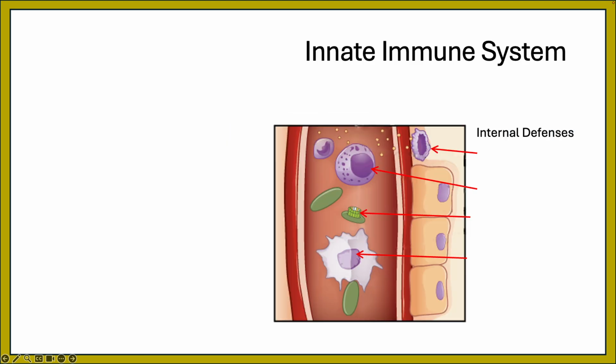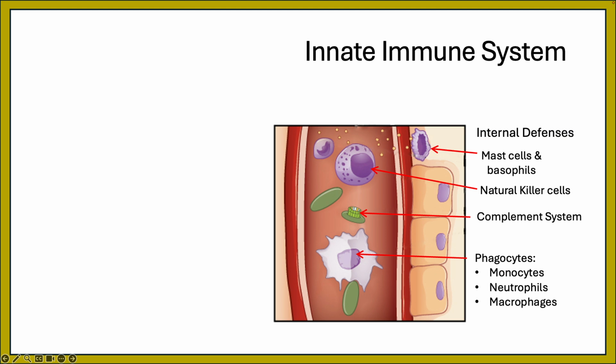When the barrier defenses fail, your internal defenses start taking over. Your innate immune system has several of these internal defenses. These include the mast cells and the basophils, which release granules and chemicals that help with inflammation. You have natural killer cells, which play a specialized role in killing certain infected cells.